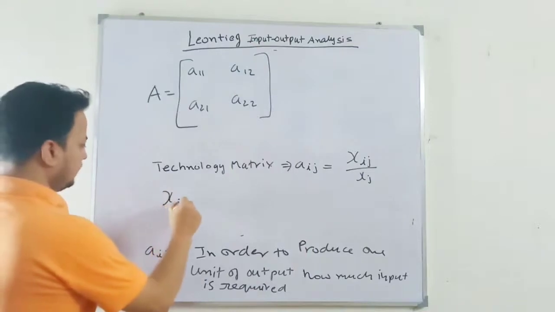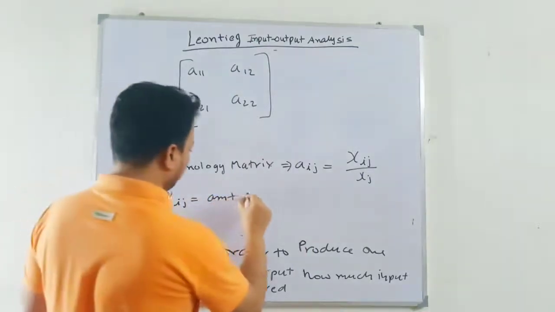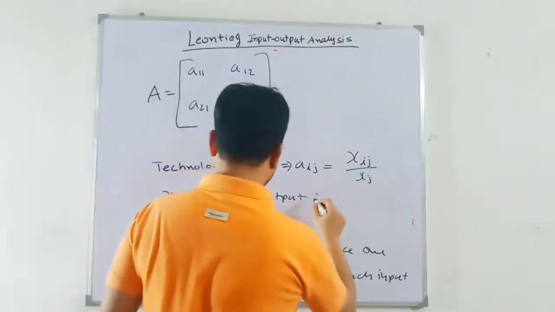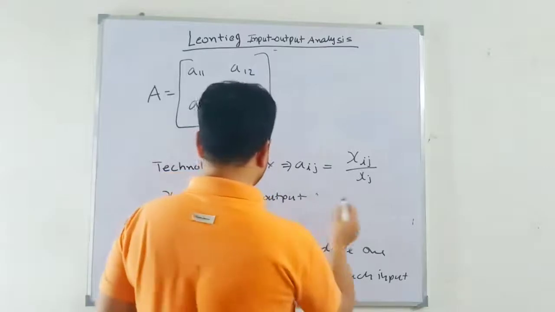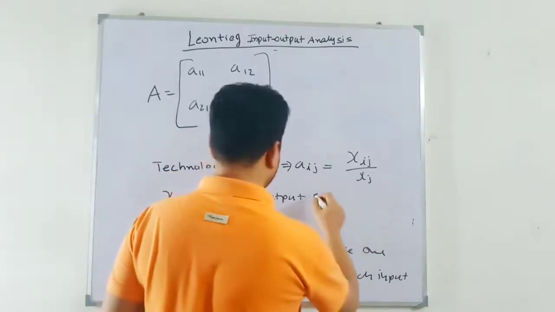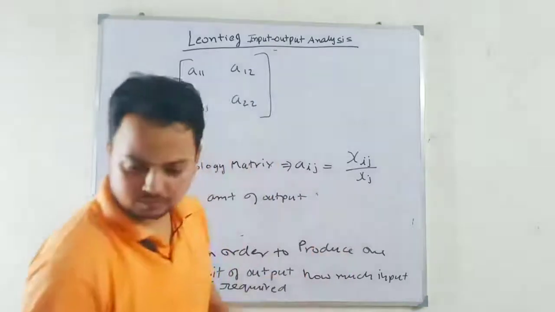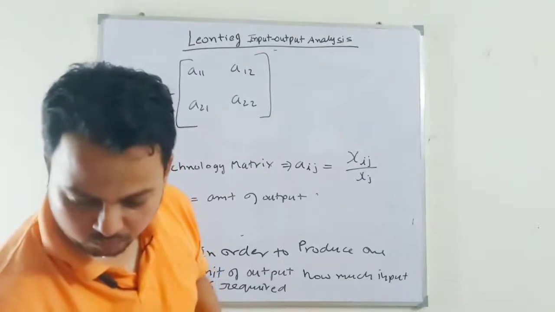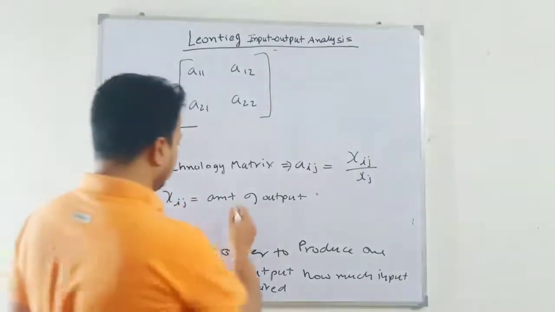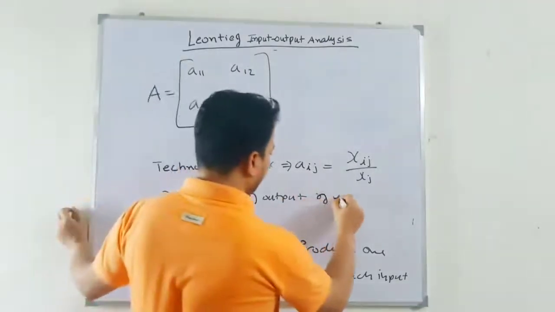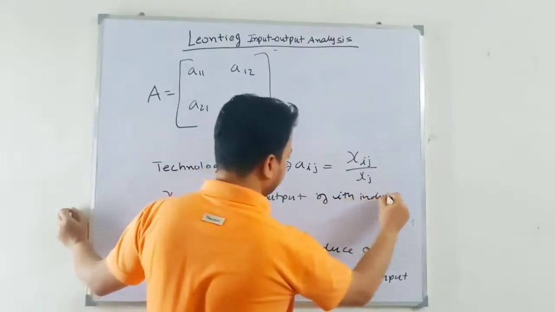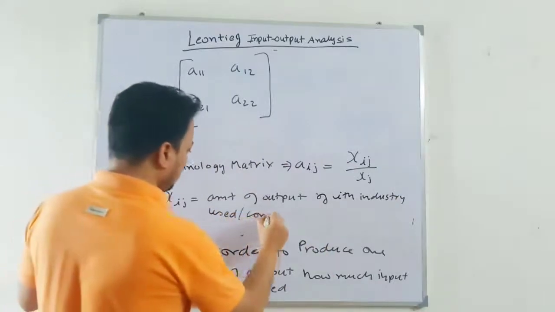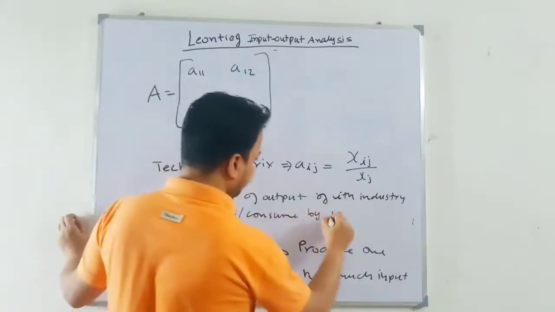So this Xij is the amount of output of ith industry used, consumed by jth industry.